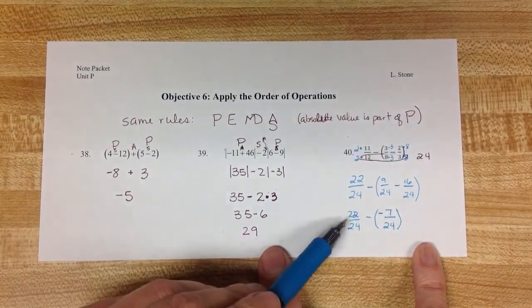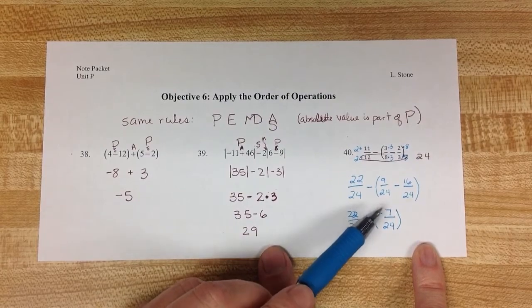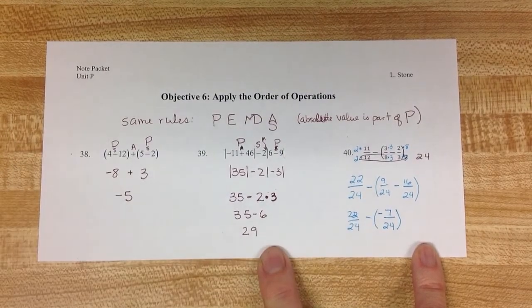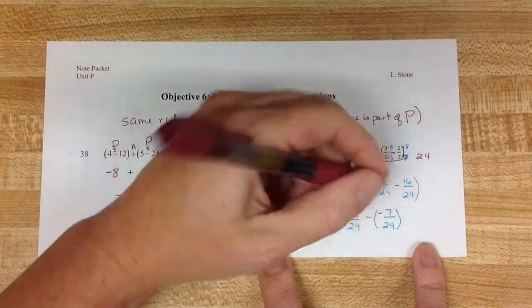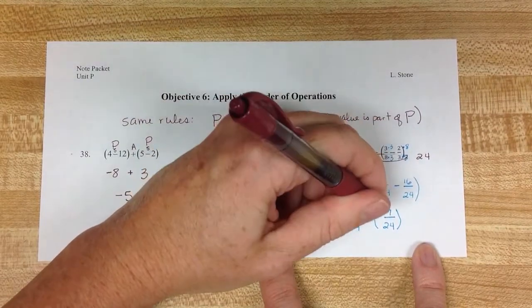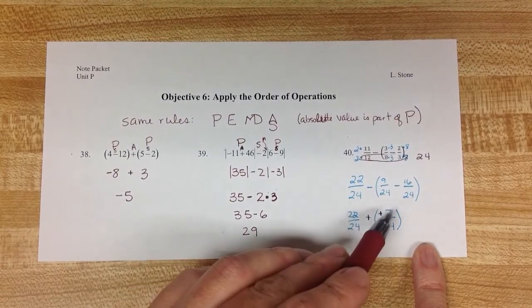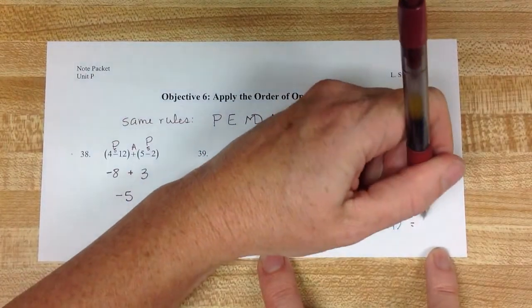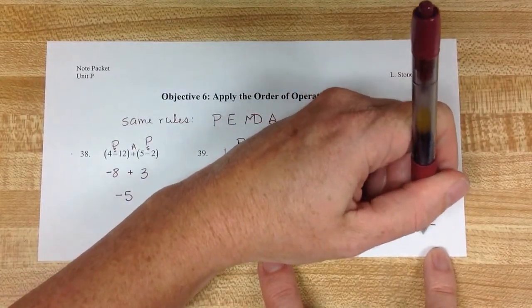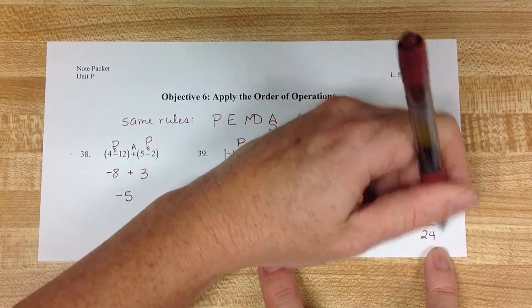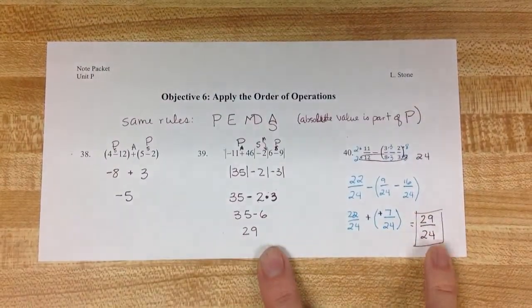And now I have 22 24ths minus a -7. So when I change that subtraction to addition, and switch the sign after it, I end up with 22 plus 7 for a final answer of 29/24.